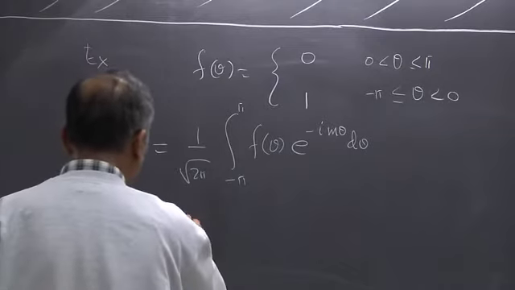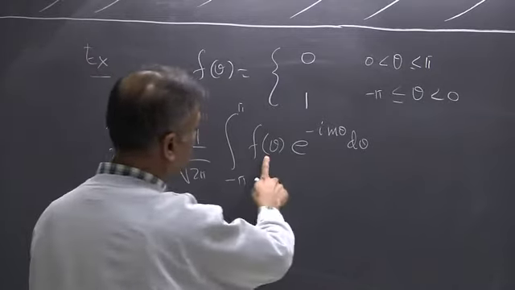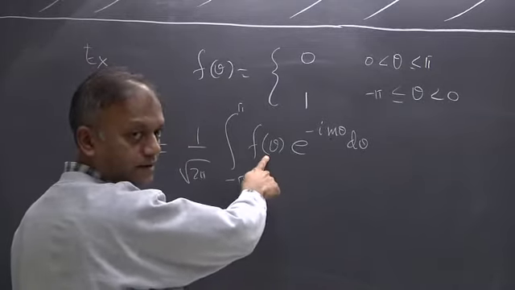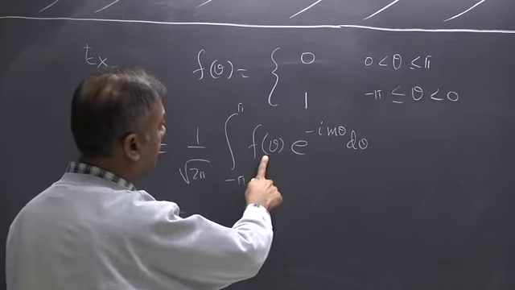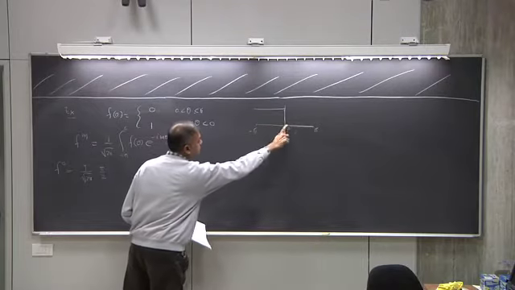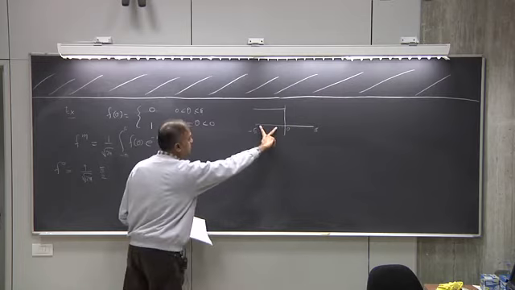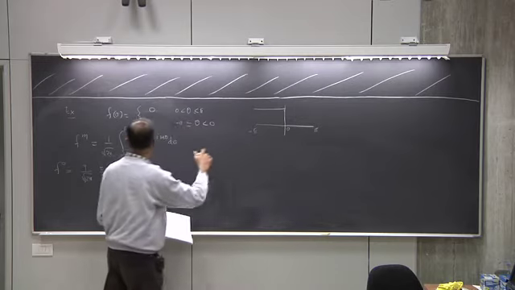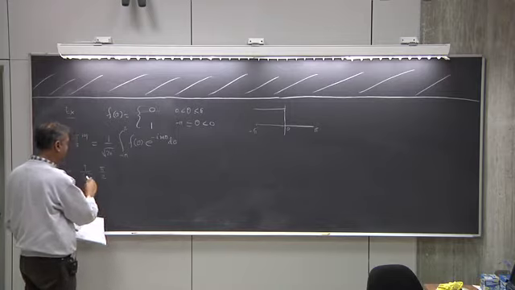Sorry, pi. Because for m equal to 0, it's just the integral of f, and you are just integrating over the region where f is 1, because there it is 0. So that simply gives you pi.